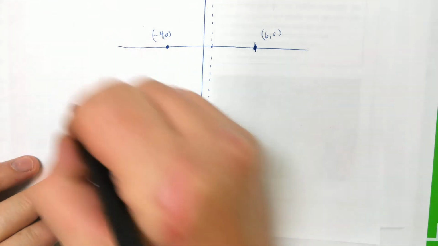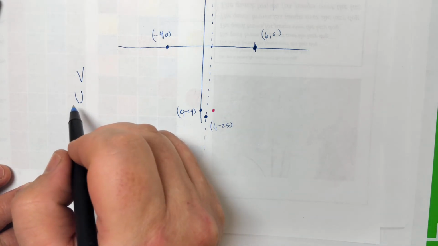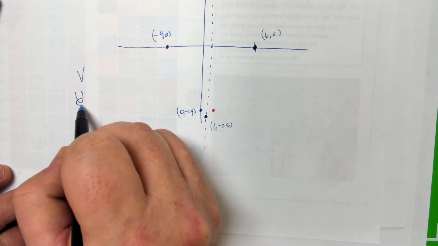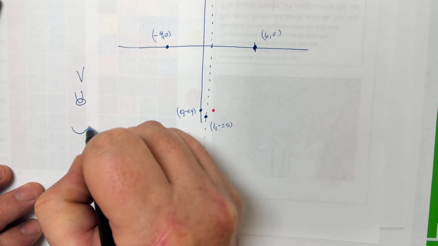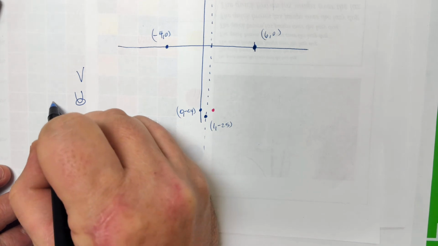Now, it's not a V. And it's not a U. It's like a U and a V had a baby. You know how a U at the bottom is curved? So it's like that. But a V at the top goes farther and farther away.